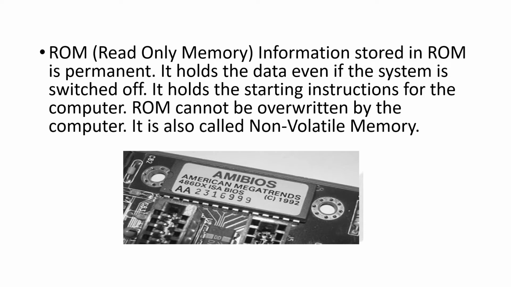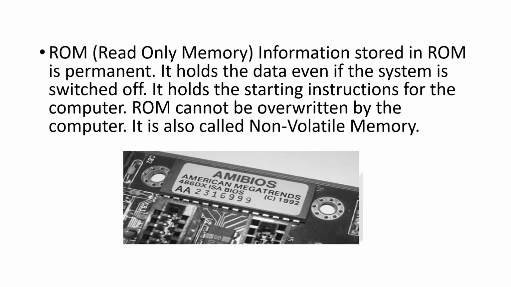ROM, read-only memory. Information stored in ROM is permanent. It holds the data even if the system is switched off. It holds the starting instruction for the computer. ROM cannot be overwritten by the computer.